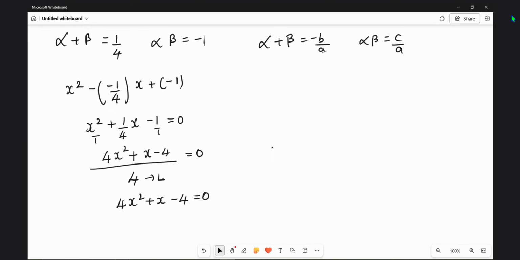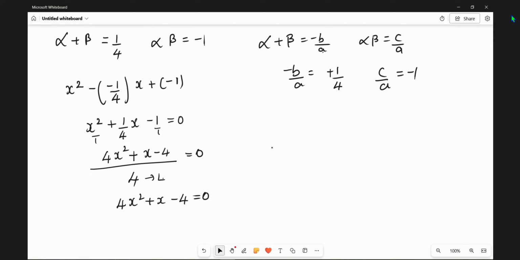Then how will you do it? So you are telling minus b by a is -1/4, and c by a is -1, right? But again you have to find a also, you have to find b, c, all three, so it won't just be 4.